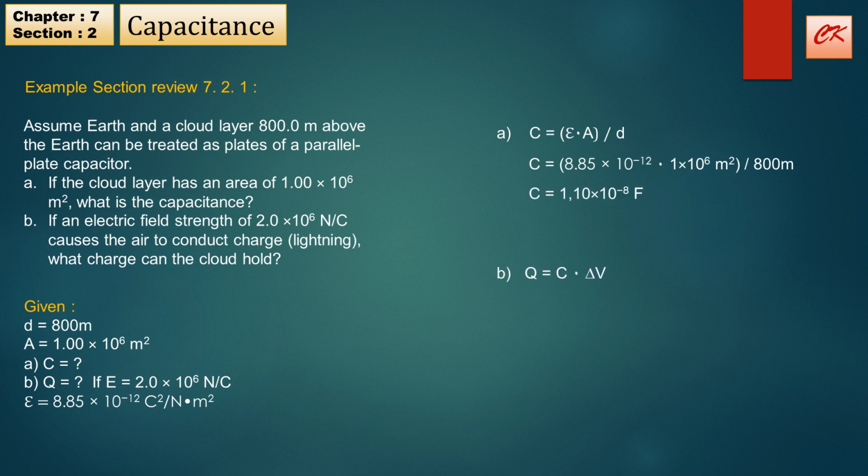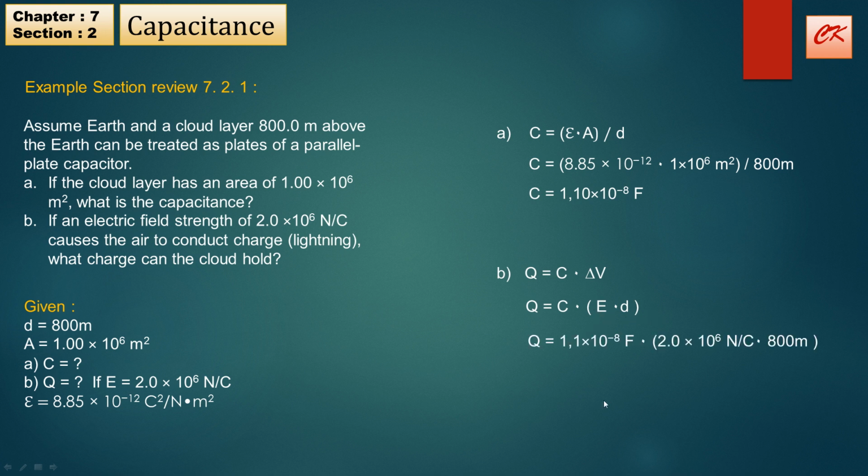And B, the charge wanted. We can calculate charge by Q equals C delta V, but delta V here we don't know. But instead of it, we know the electric field. We can use it. Instead of delta V, we can write E multiplied by d. Since here electrons are transmitted or accumulated, negative and negative will be positive, so we choose positive Ed.